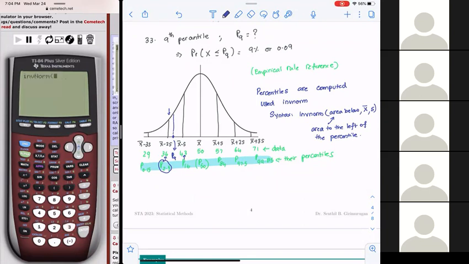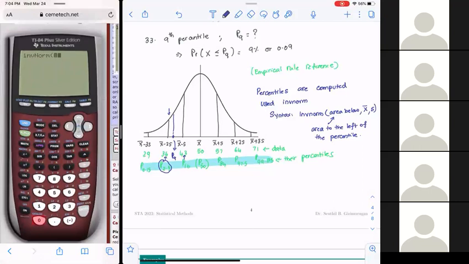I need to put the area below P9. Since it is P9, 9% has to lie below P9, so the area below is 0.09. The mean, given in the problem, is 50. Standard deviation, 7. And, well, I was close, but I didn't do a great job.